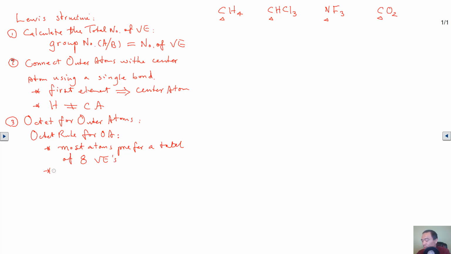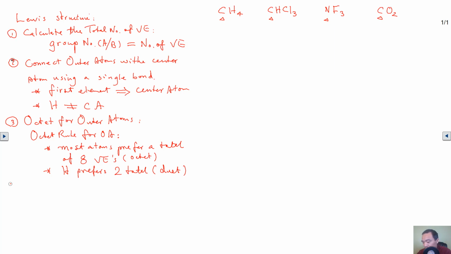But hydrogen is one of the exceptions. Hydrogen prefers 2 total. Sometimes we call this duet because it's 2 electrons. And 8 electrons, we call this octet.